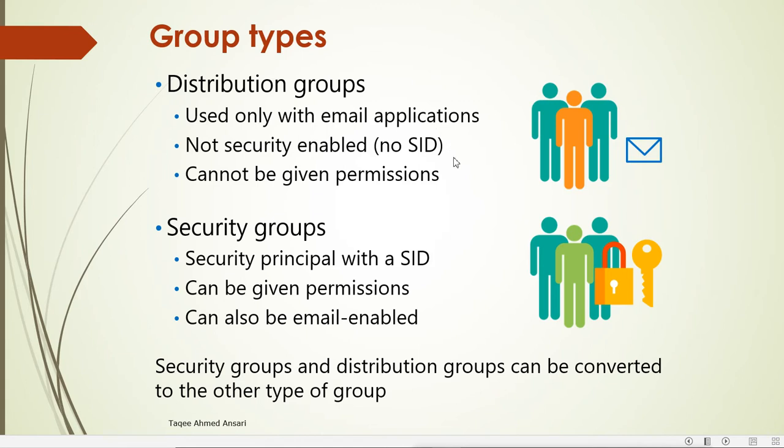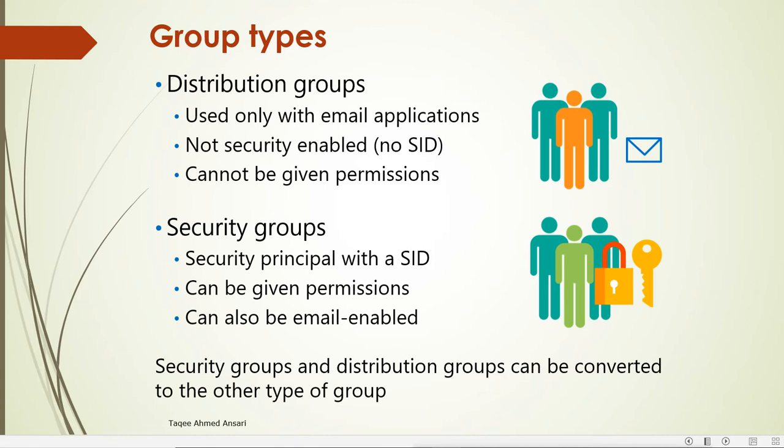And if I want to assign a security permission or restriction to 50 or 100 users, instead of giving permissions one by one, I create a group, make those users members, and provide the security or restriction to that group, and all the users will get it.